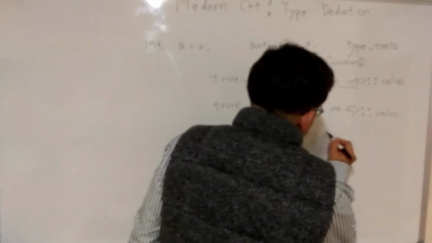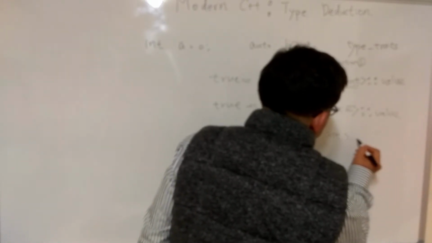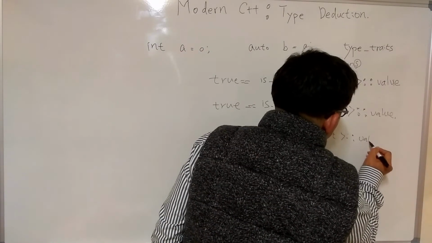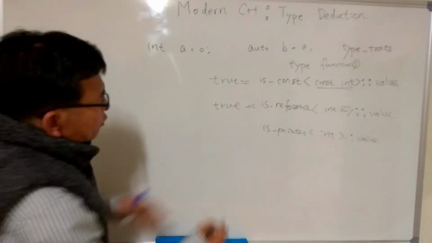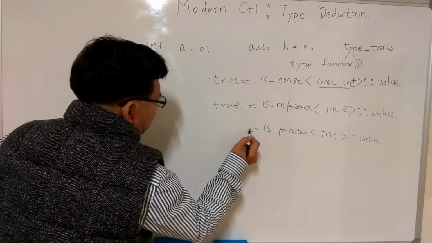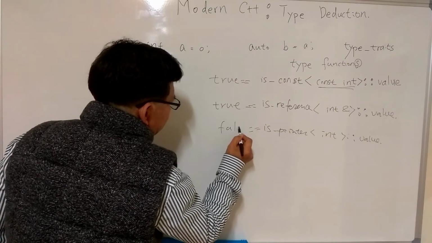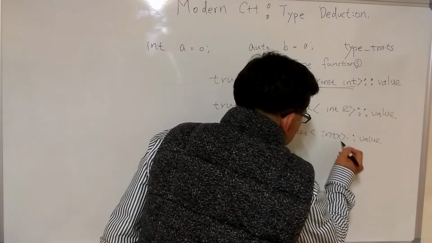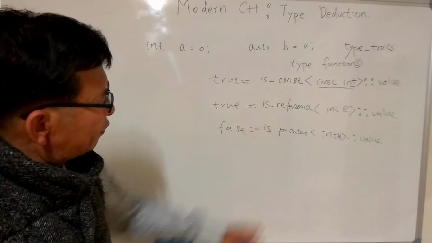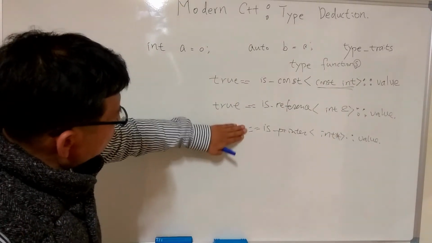If int, since this is not a pointer, the result would be false. However, if we make it int star, an integer pointer, then it will be true.